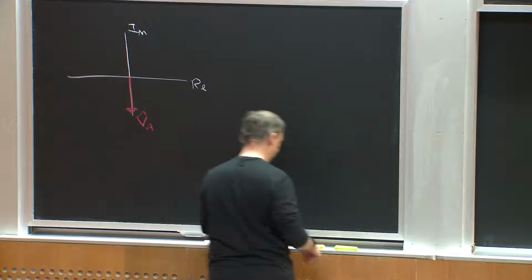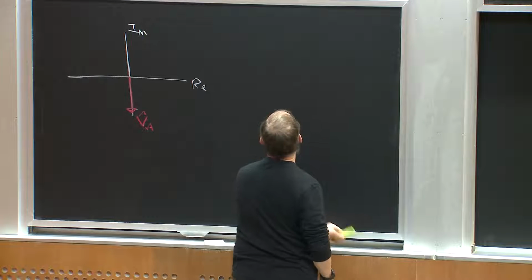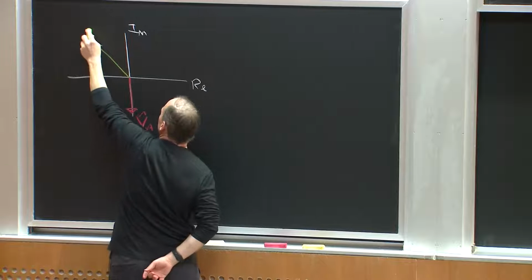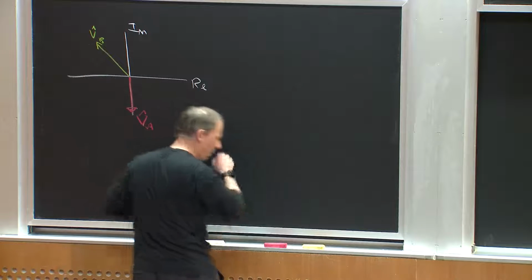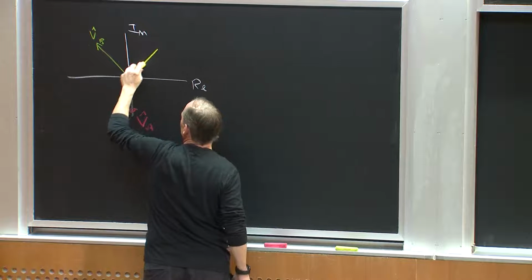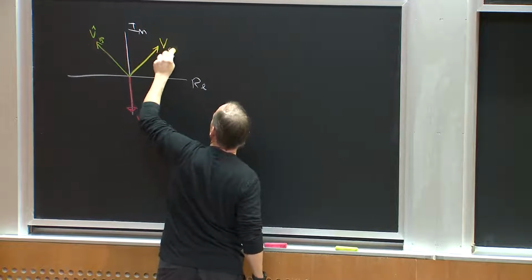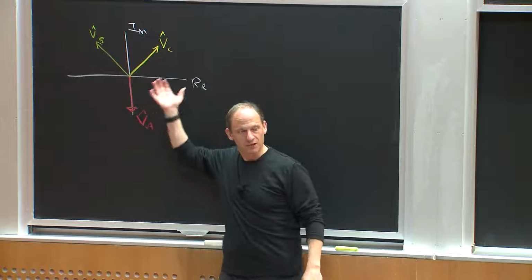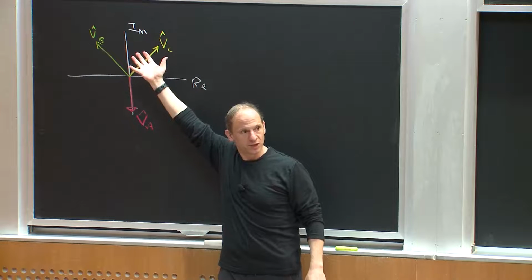VB hat would be like this, 120 degrees shifted, and VC hat would look like this. These are the phasors, and they represent the magnitude and phase of the individual signals.